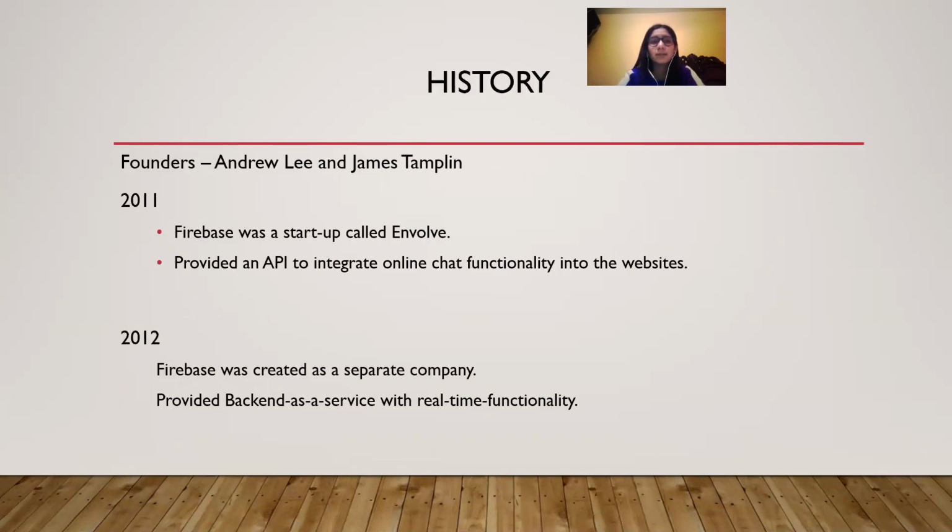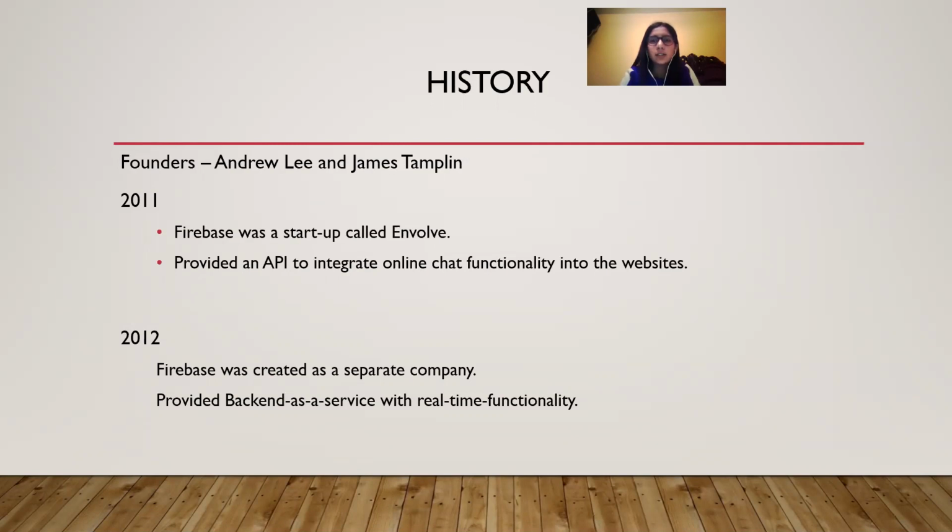Now some history. Firebase was founded in 2011 by Andrew Lee and James Tamplin. It was basically a startup called Envolve, which provided an API which we could use to integrate online chat functionality in websites. However, people started passing on data that was much more than just chat messages.